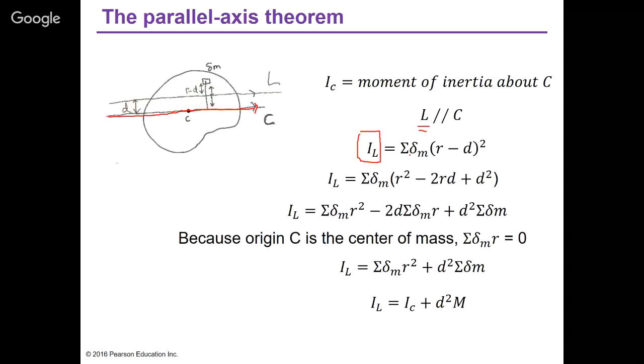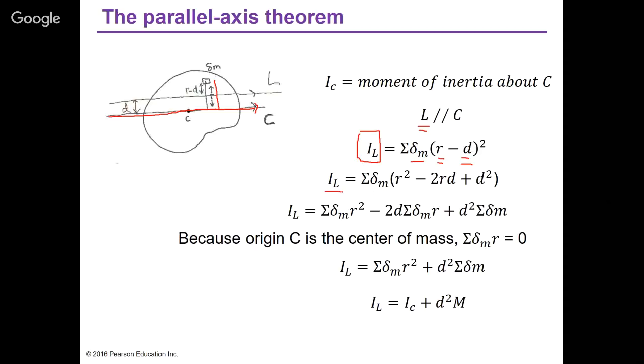The moment of inertia will be the sum over all the little masses delta m times r squared, where r is the distance of this little volume or mass to the original c-axis, right? And because it's moved the d distance up, that will be r minus d raised to the second power.